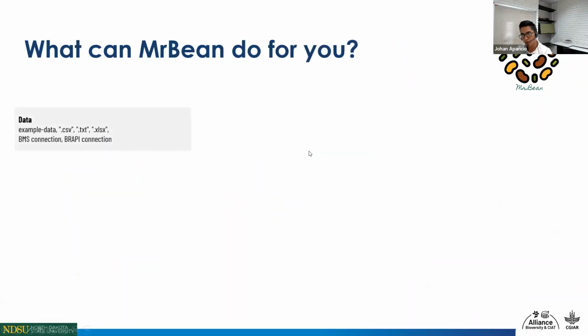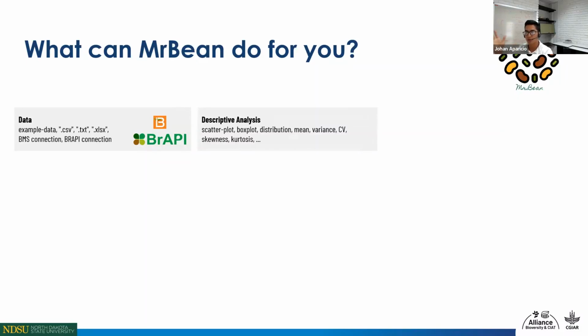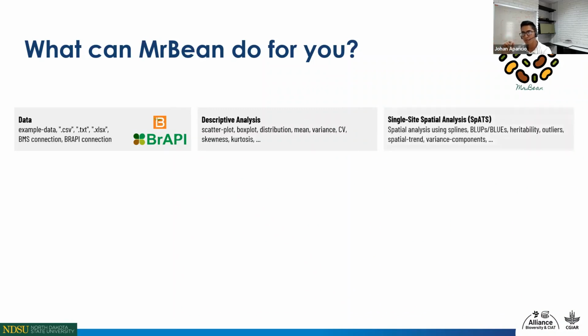What can MrBean do for you? It has a panel for importing information. You can also get data from Breedbase or BMS. It also has a module for descriptive analysis: scatter plot, box plot, distribution, mean, variance, CV, etc. Then the module that contains the SpATS approach, so you are going to be able to run these models and estimate BLUPs, BLUEs, heritability.